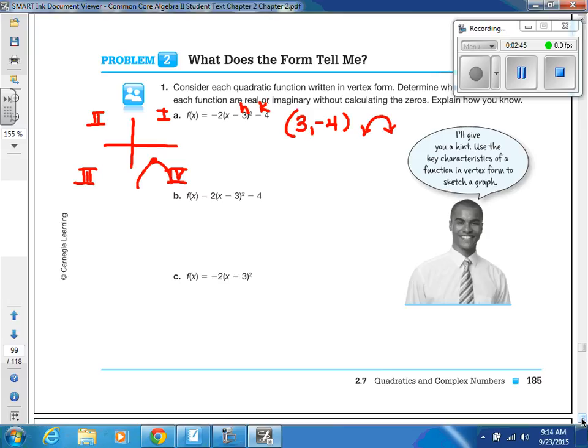Yeah, it is. Is that ever going to cross the x-axis? Can I be in the fourth quadrant opening down and still come up here somehow and cross over? No. So this has imaginary zeros. I know it has imaginary zeros because the vertex is in the fourth quadrant and it opens down.